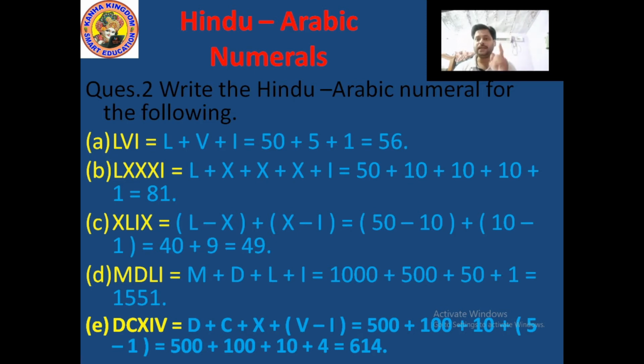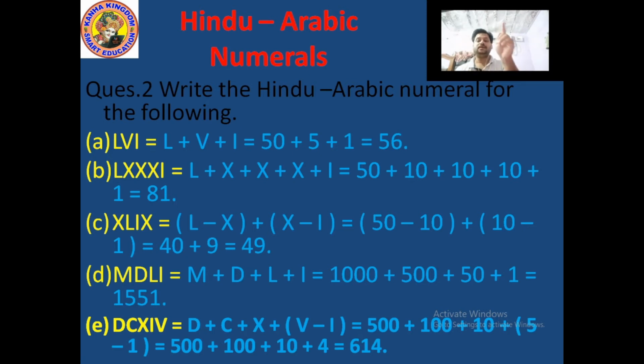See, L is greater than X and X is equals to X, and this X is also equals to X, and this X is greater than I. Means L plus X plus X plus X plus I. Means L equals to 50 plus X equals to 10 plus X equals to 10 plus X equals to 10 plus I equals to 1.